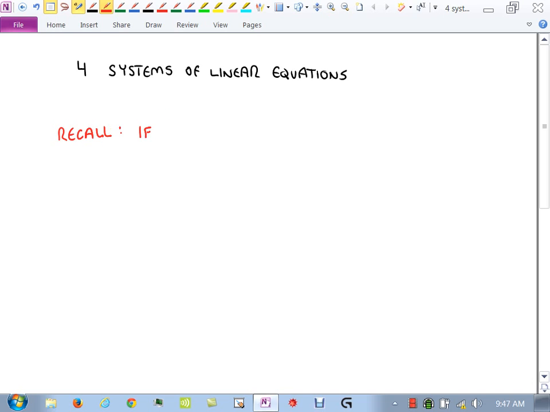If you are given something like 2x minus 4y equals 12, or maybe I give you something like this, y equals negative 3x plus 7, then those are both examples of what we called linear equations in two variables, right?